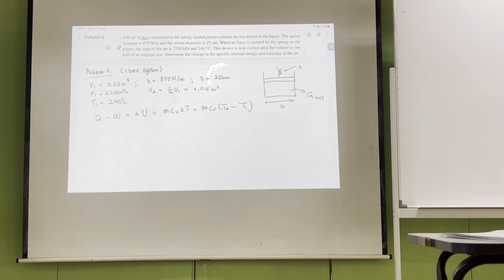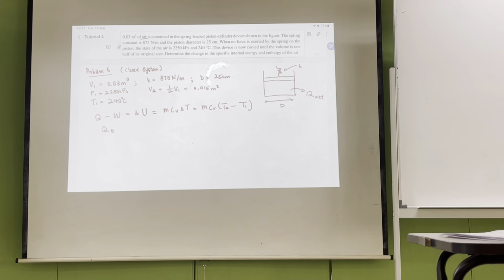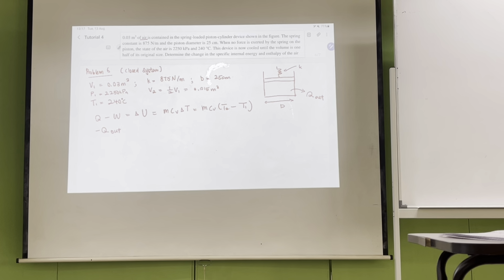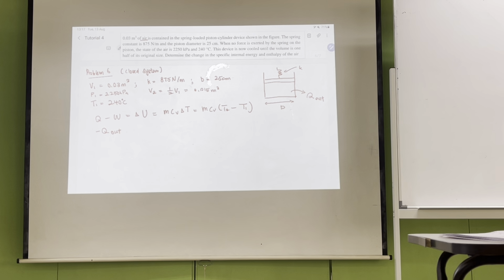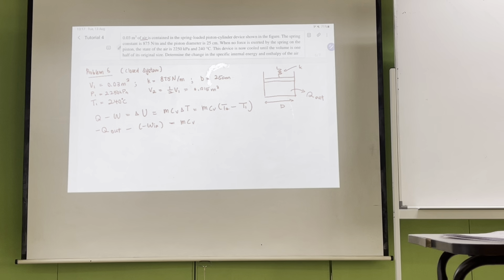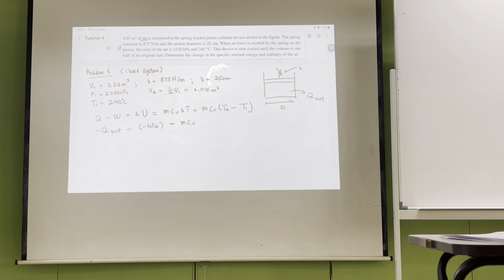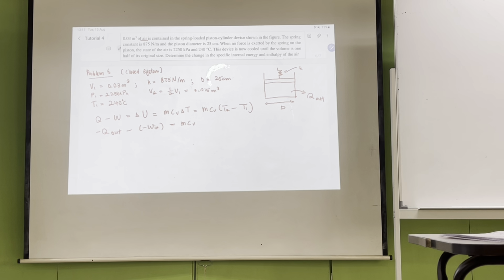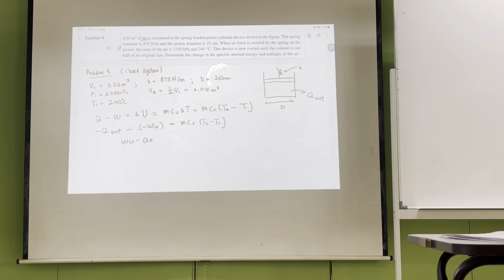So we have Q out, which should be negative, then work in, so negative work in. It's probably not very important here, but we can write it out because it might be useful for other questions. This will be the general equation.